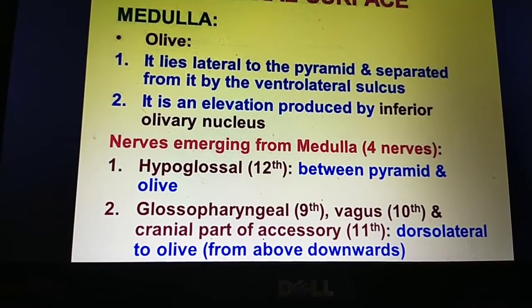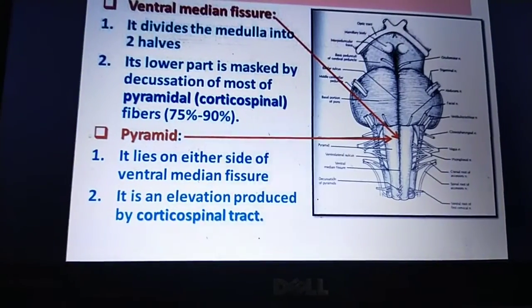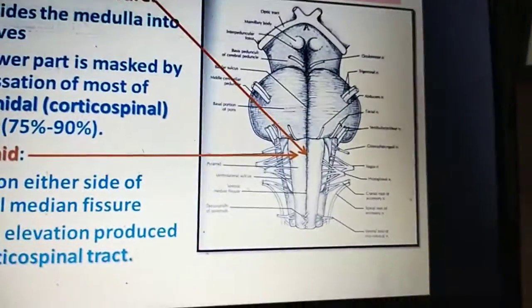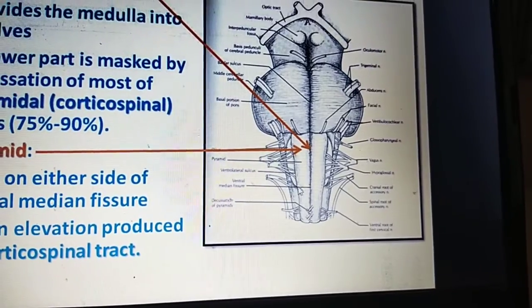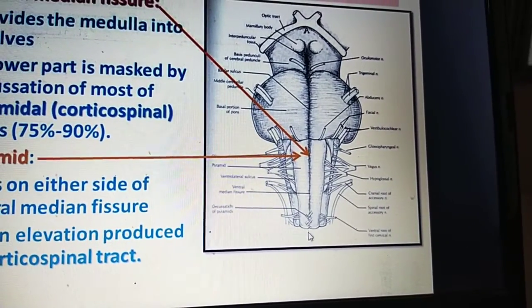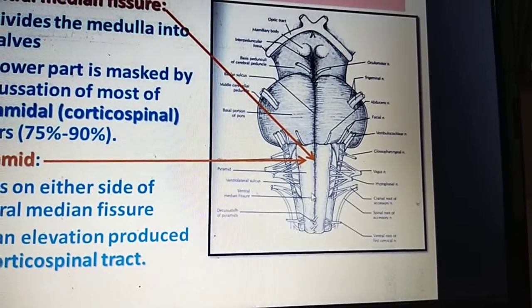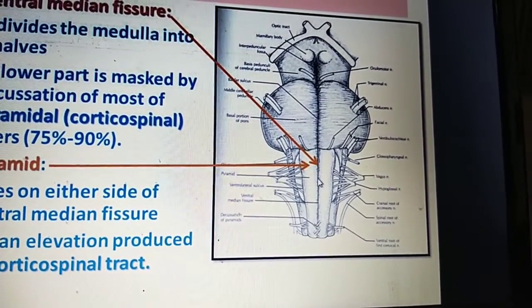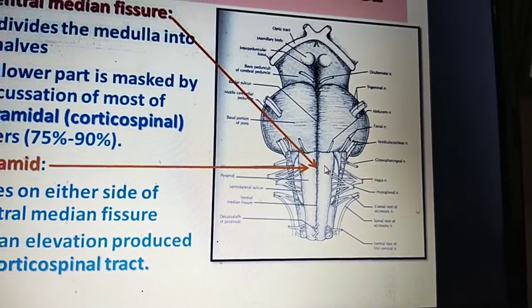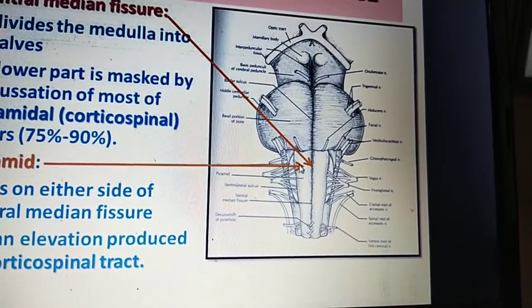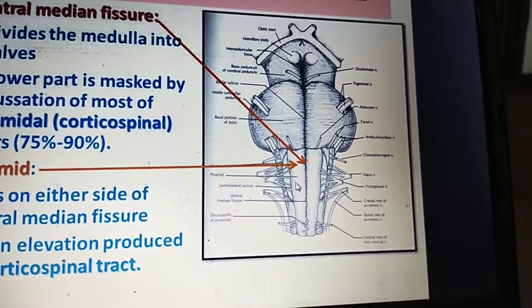Okay, and olives. I will show the structure first, then you can understand. This is the medulla oblongata, and this is the fissure. One longitudinal fissure is there. This fissure is called the ventral fissure, and these two elevated parts are called the pyramids.